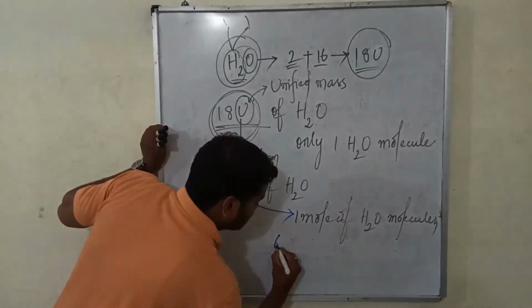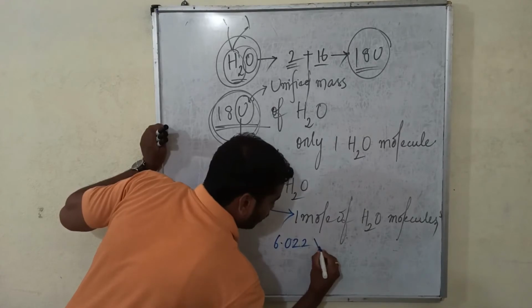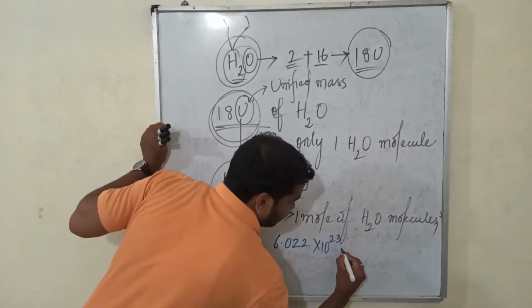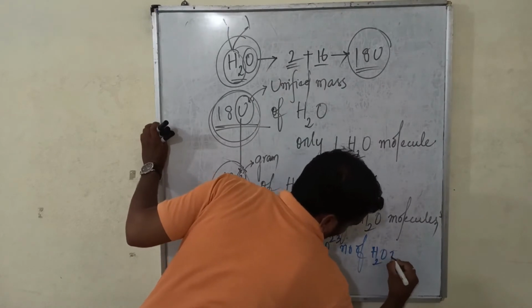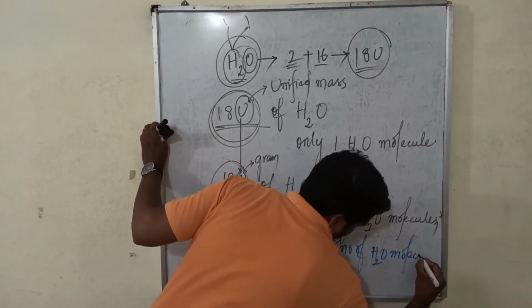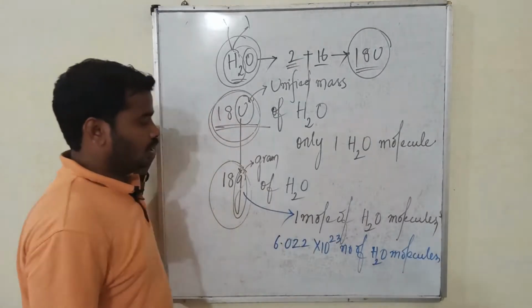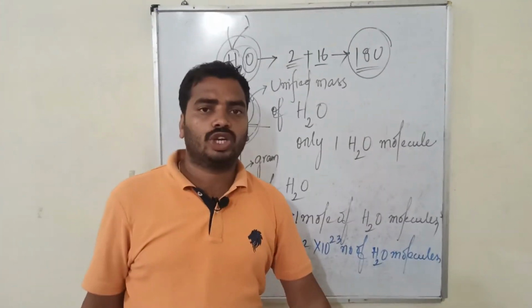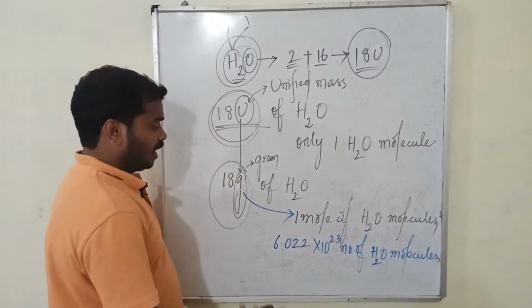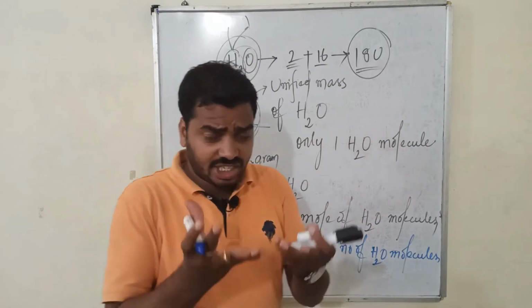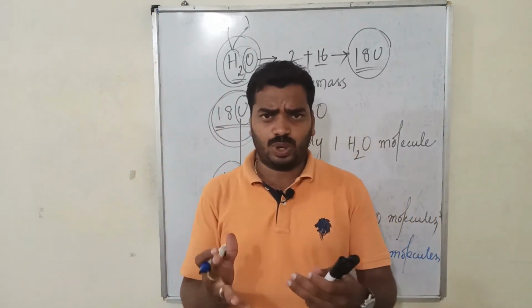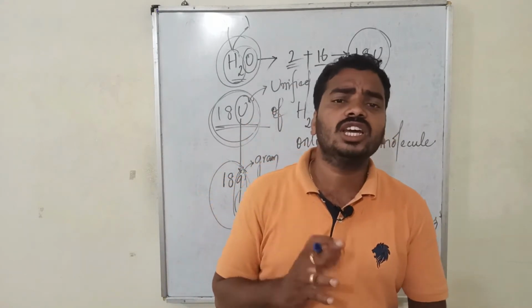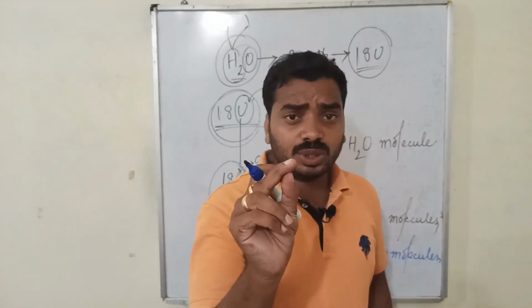That means 6.022 into 10 power 23 number of H2O molecules. I think I am clear with this. If you are taking 18 grams of water in a jug, how many molecules would it contain?